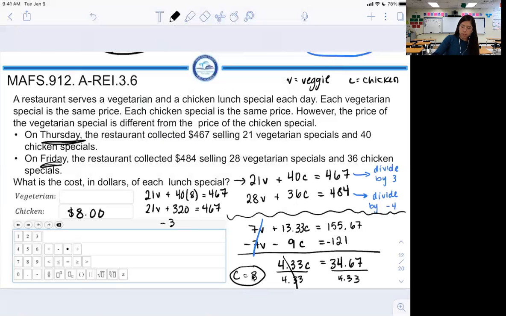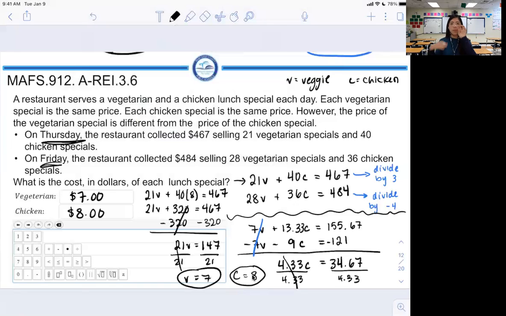I subtract 320 from both sides, and I get 147. Now I divide by 21, and I get $7. So the vegetarian meal is $7.